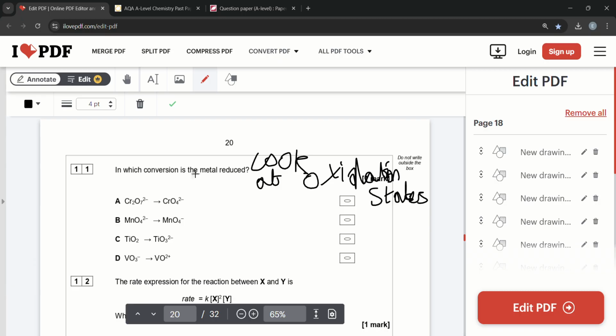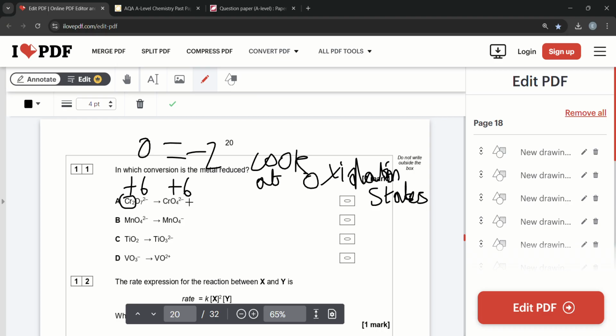If we look at the oxidation state here, Cr2O7 2 minus: oxygen has an oxidation state of minus 2 times 7, minus 14, but we want a minus 2 charge, so it's going to be plus 12, so plus 6 for the chromium, and minus 8.